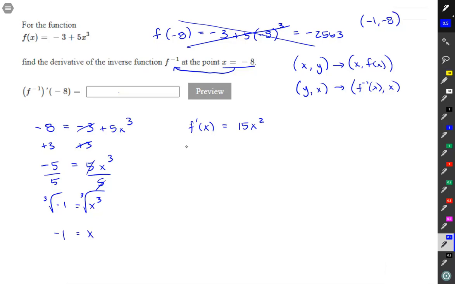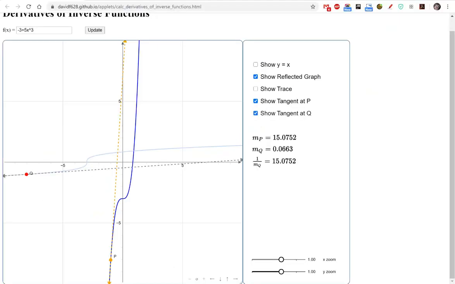Now the derivative evaluated at negative 1 is 15 times negative 1 squared, which is just 15. So that's the slope of the function at point P, which is on the original graph. So notice I've got close to 15 there. The inverse is just 1 over that. So 1 over that is going to be 1 divided by 15.